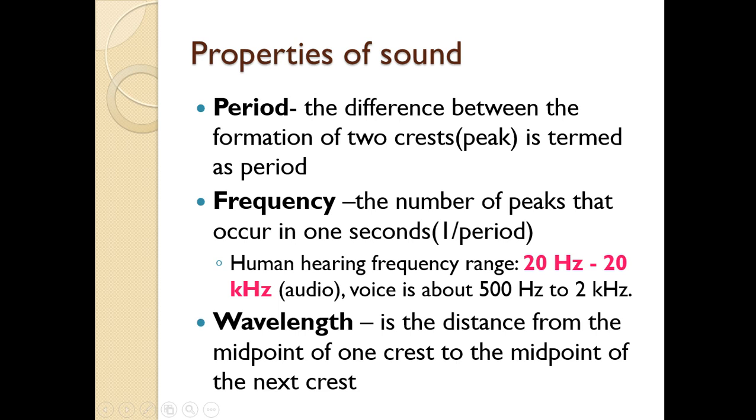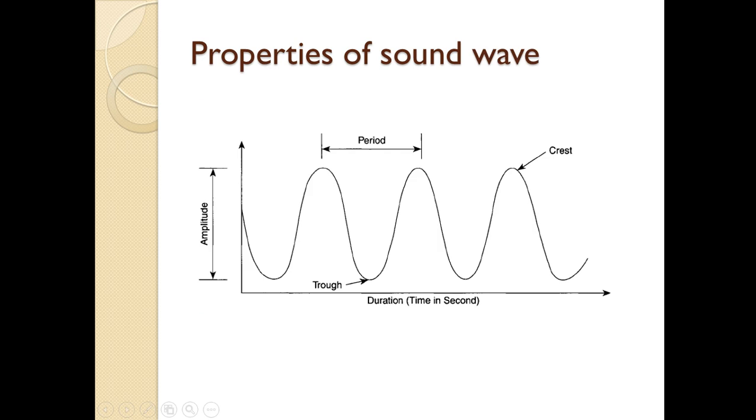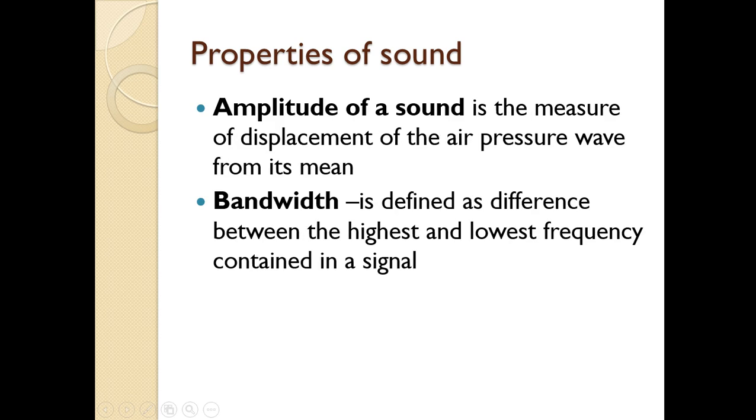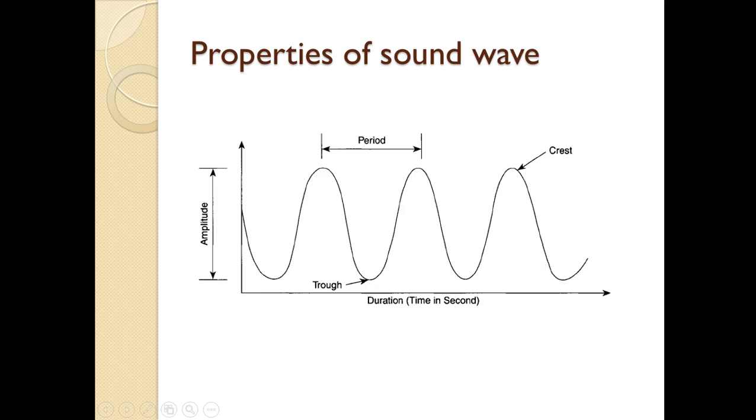This is the wavelength. Wavelength is the distance from the midpoint of one crest to the midpoint of the next crest. It means the x-axis is distance. Amplitude of sound is the height of the air pressure wave, from the midpoint to the crest or trough.